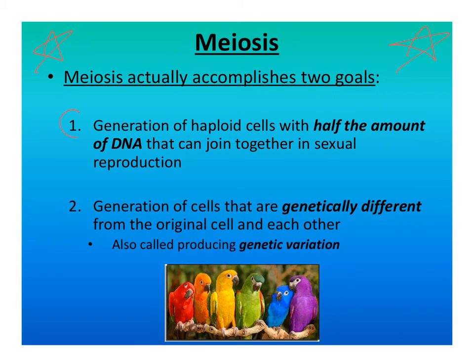So the first one is that we're going to generate those haploid cells. Generate cells with half the amount of DNA so that those cells can be used in sexual reproduction. Our second goal is to generate cells that are genetically different from the original cell and each other. And we call this producing genetic variation.